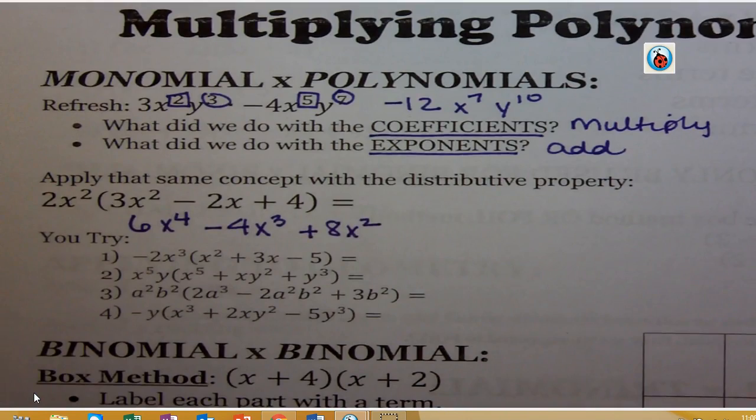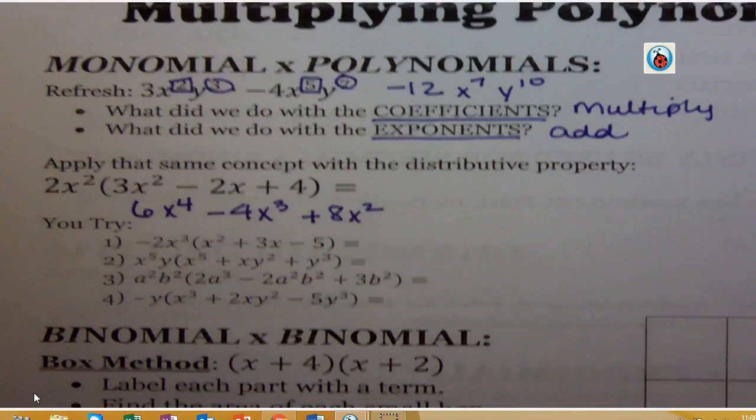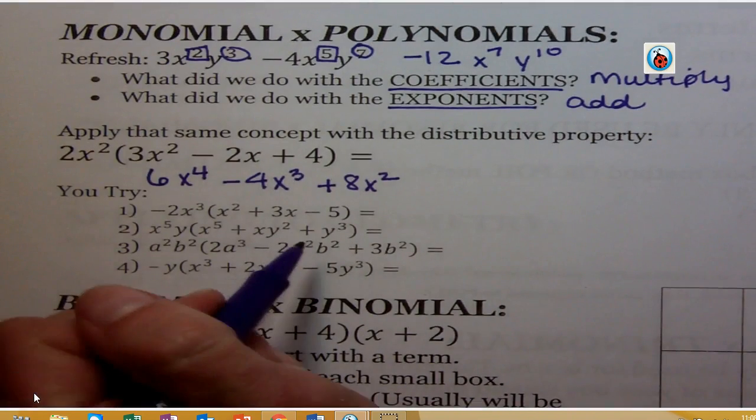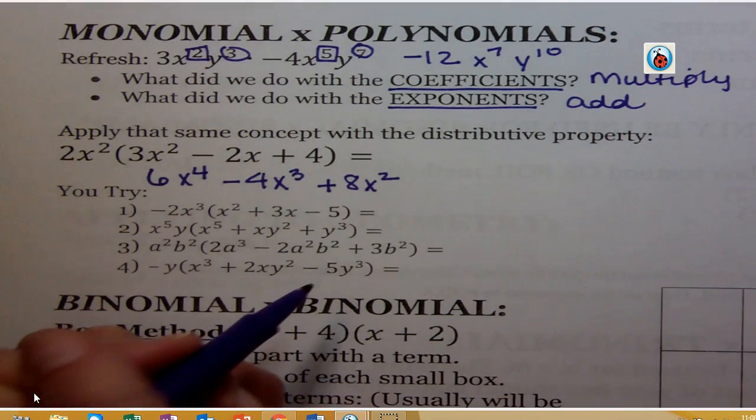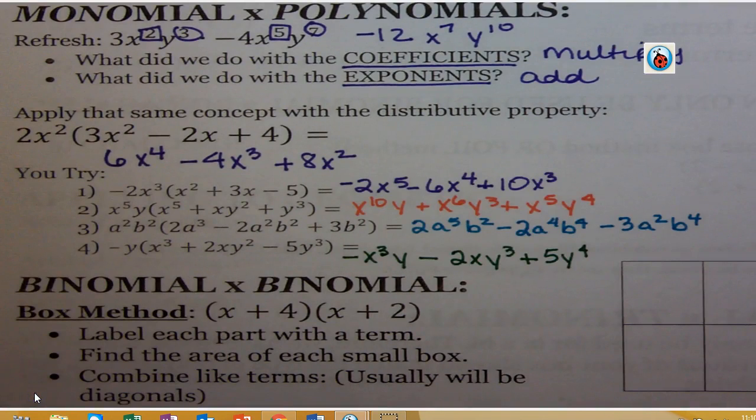Okay. When you do these, here are the answers, okay? If you did not know how I got those, then make sure you are multiplying your coefficients and adding your exponents.